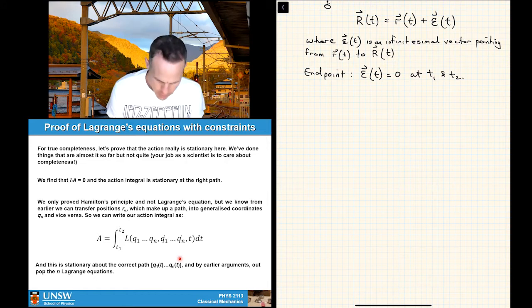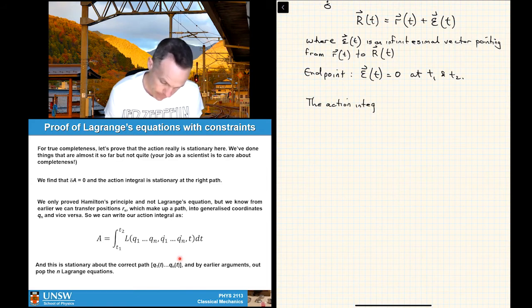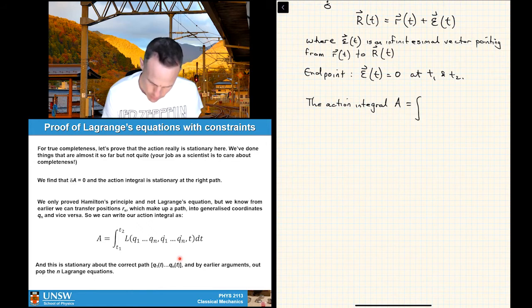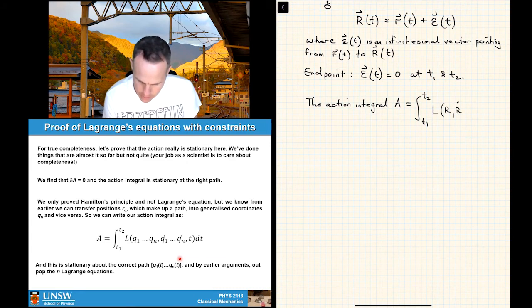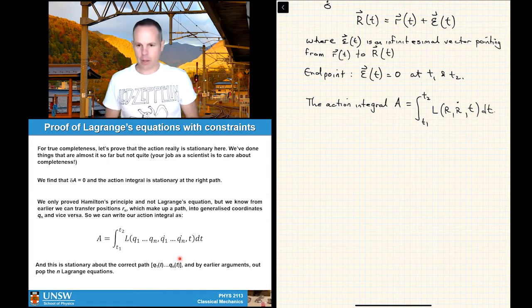Okay, so we have an action integral. And it is the integral from t1, which is our starting position, to t2, which is our ending position, of L of big R dot, and t dt. Okay?